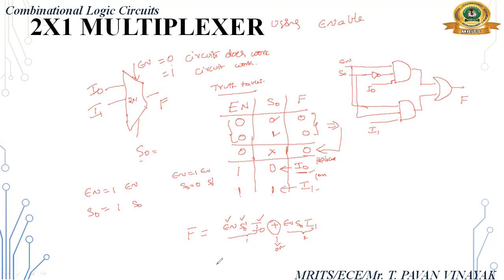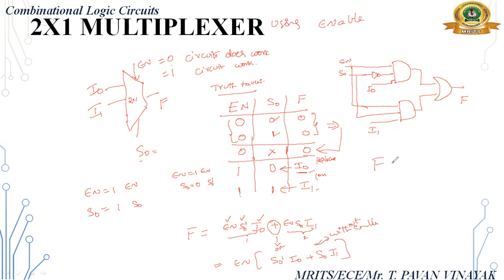Let us observe here. You can make En common. What happened? Both S naught bar I naught and S naught I1. So this is simply the equation without enable, right? This equation represents without enable. So what happened?